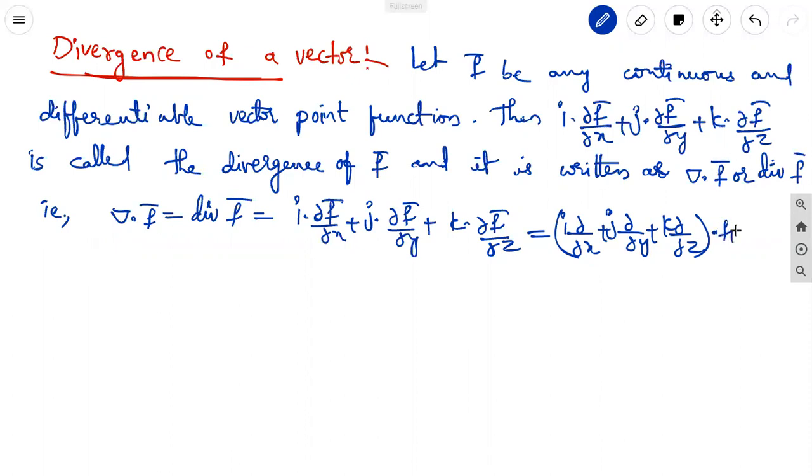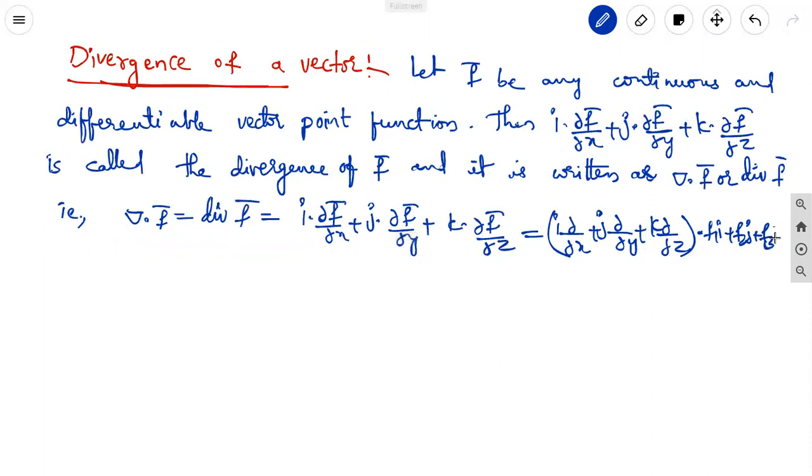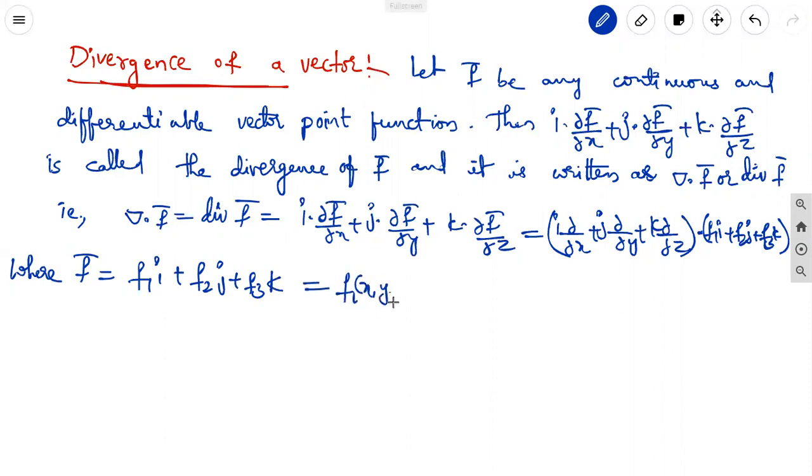Here f vector is nothing but f1 i plus f2 j plus f3 k, where f1, f2, f3 are functions in x, y, z variables. That is, f vector equal to f1 of x, y, z into i plus f2 of x, y, z into j plus f3 of x, y, z into k.